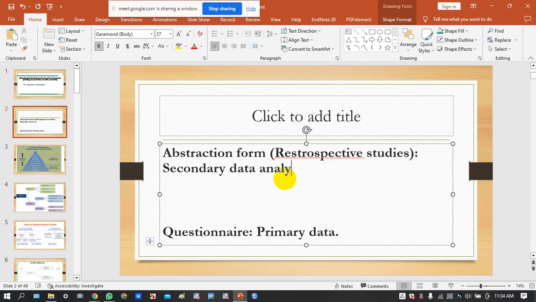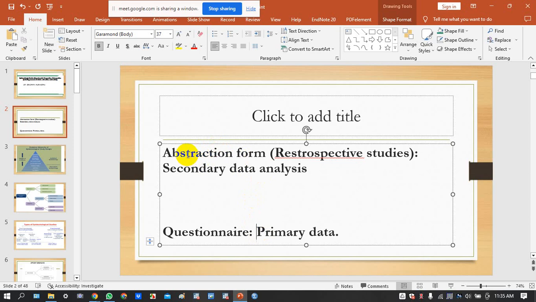So you use an abstraction form. Your questionnaire for the retrospective study is an abstraction form, and the questionnaire for observational studies, where you are observing the participants, taking information from them and interviewing them, is called a questionnaire. In a retrospective study the participants are not there to answer you. Some have migrated, some are dead. It's 10, 30, 50 or 5 years ago.